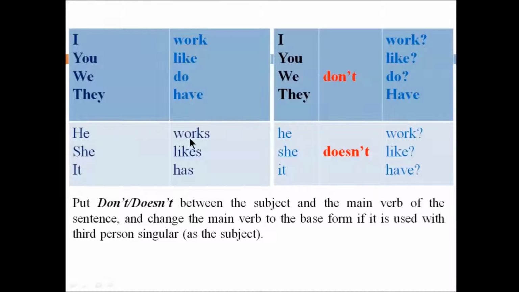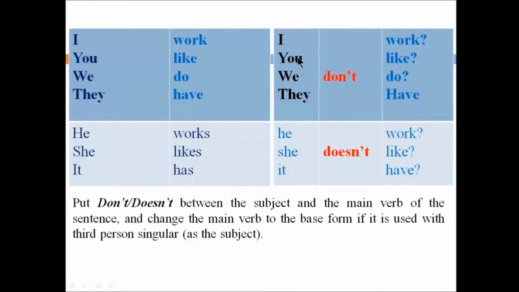But for he, she, it, you need an s: he, she, it works, likes, or has. Just remember, when it is changed into the negative form, it is very common, and you can remember it clearly with the first person, second person, and third person plural. You just put don't, which comes from the words do not.